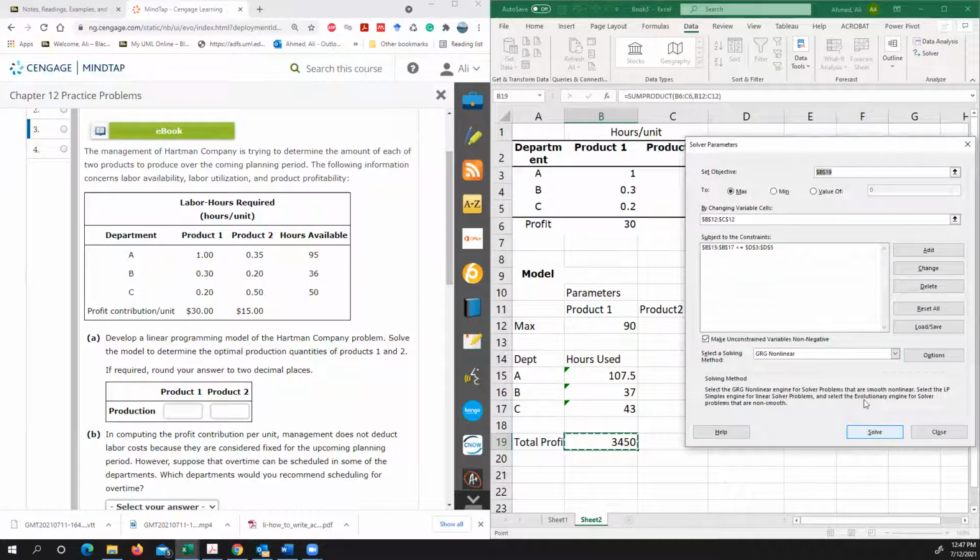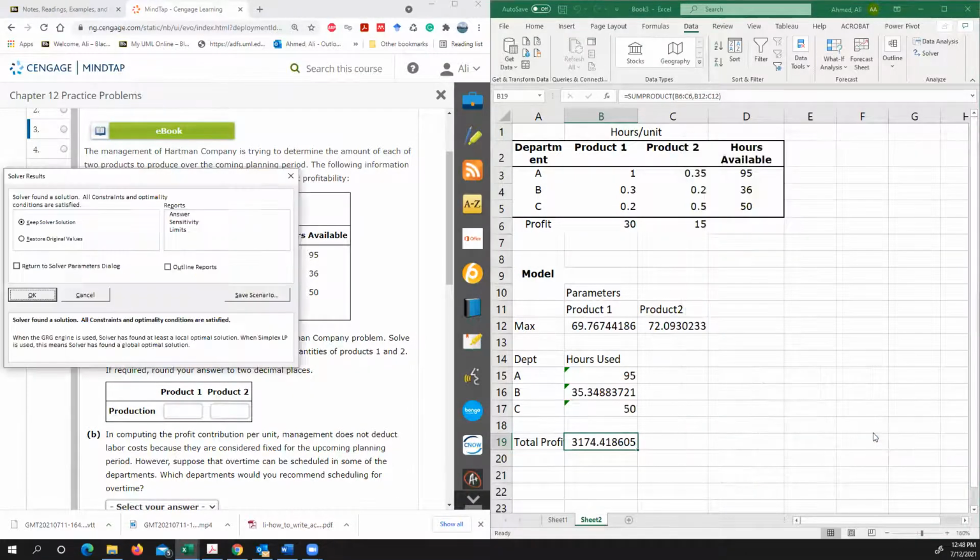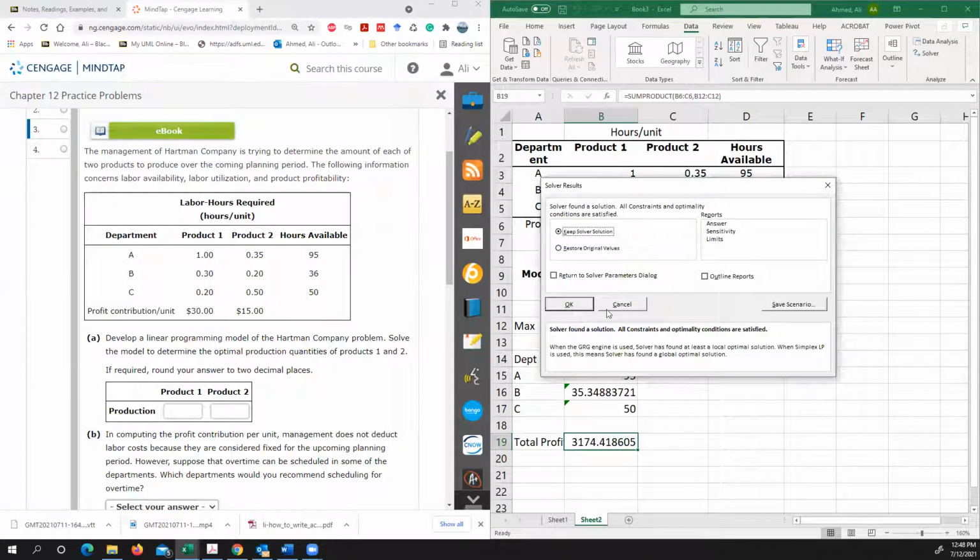Press OK. Go to simplex linear programming problem. And this one is the one I was talking about, that the variables cannot go negative. So it's checked by default. Leave it like that and then press solve. Once you solve, you will get the answers.